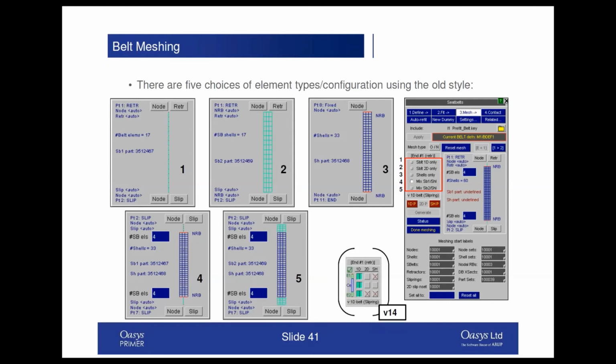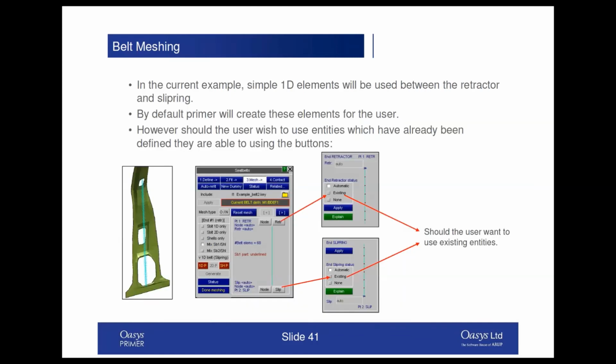That's the third column there for the end 1 or end 2, because that's where we have a retractor and a slip ring. So Primer's put a cross through those to tell us that we can't use those types of elements at that point. If we were to create a combination of elements that was not valid, Primer wouldn't let us generate the belt mesh, so it should never be possible to create something that's not legal within LS-DYNA.